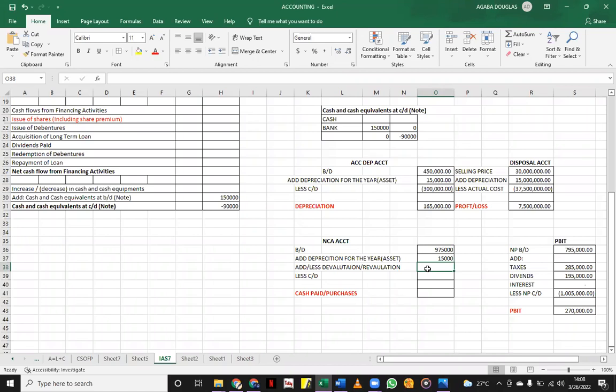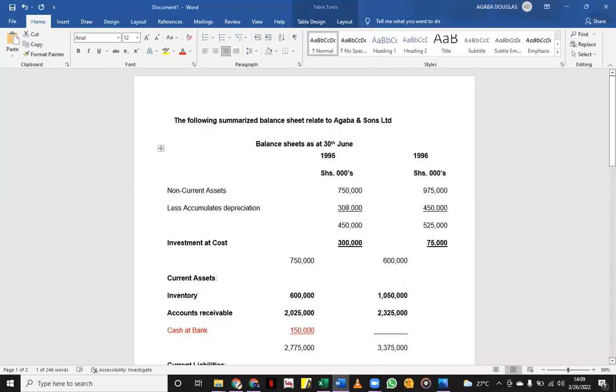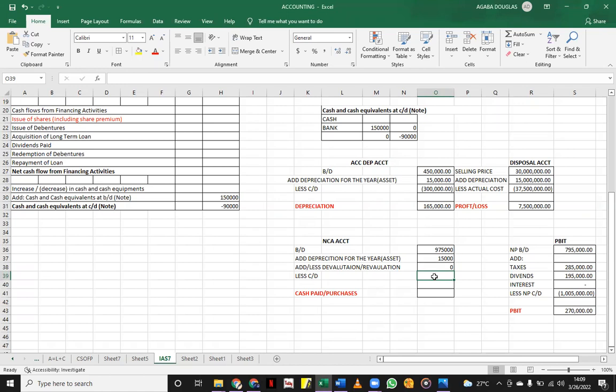And if we had any devaluation of the asset, then we would probably add it. But because we don't, we would put a 0. And then we would less the closing. So we come here and see our closing. Back to our question, our closing was 750. So we simply come back and put 750.